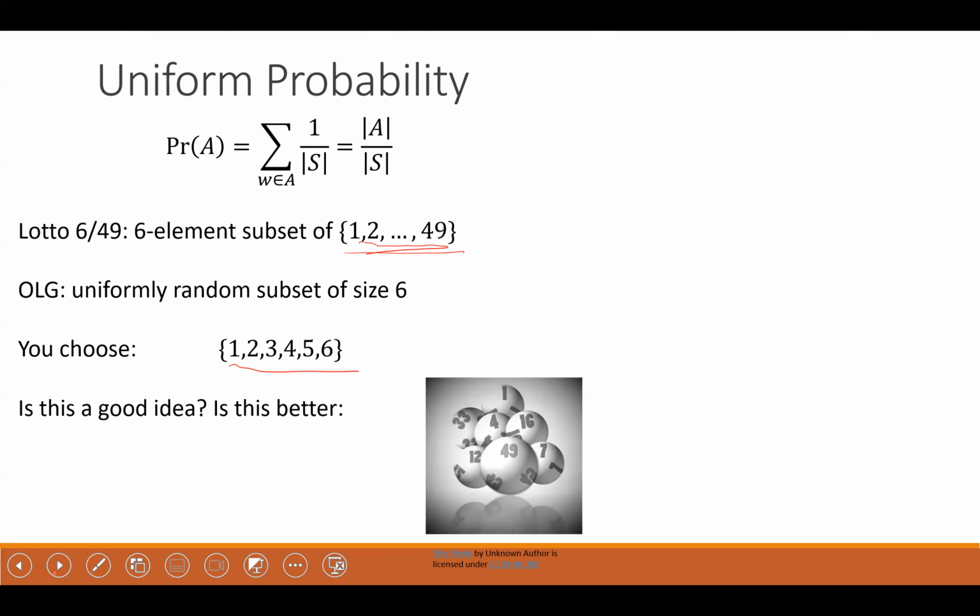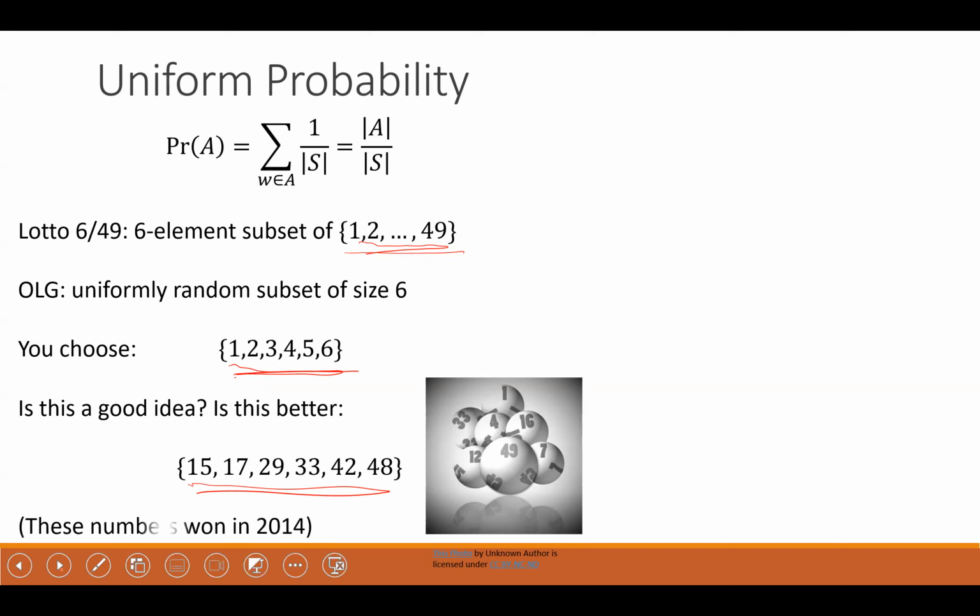It seems like it probably won't win. But the fact is, no matter what numbers we draw, we probably won't win. But yeah, is this a better idea or something like this may be a better idea? Something that looks sort of more like the numbers, less regular. Right? These actually won in 2014.